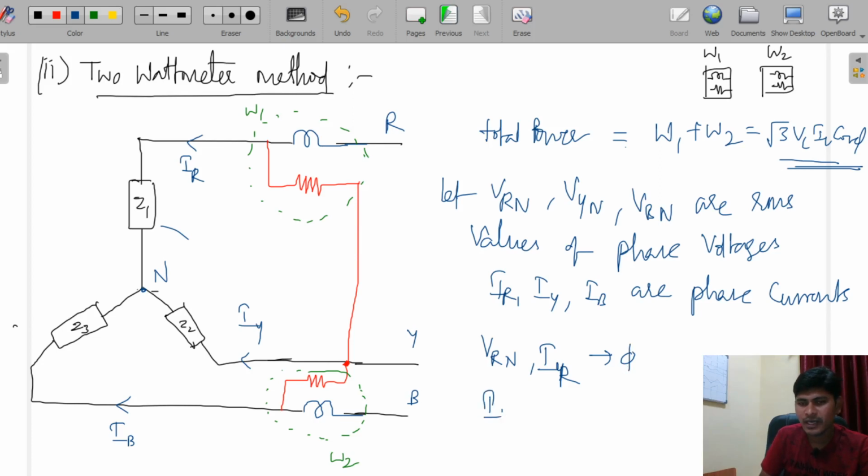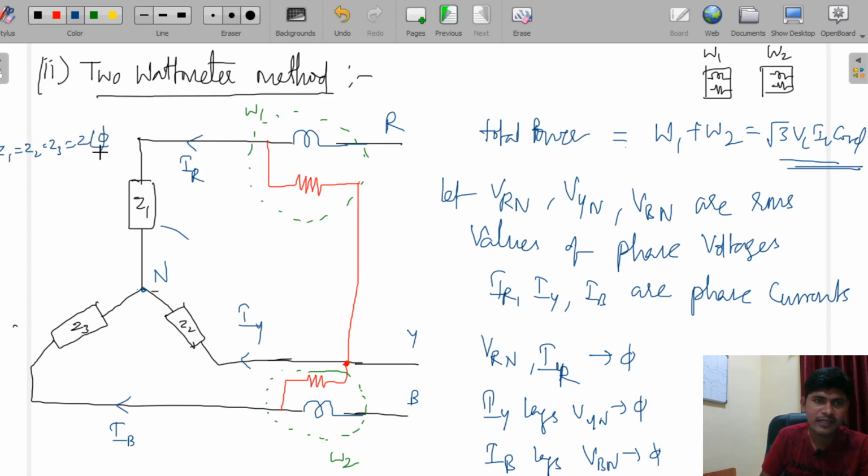Similarly, IY lags VYN by an angle phi, and IB lags VBN by an angle phi. As it is a balanced load, Z1 is equal to Z2 is equal to Z3 is equal to Z at an angle phi.